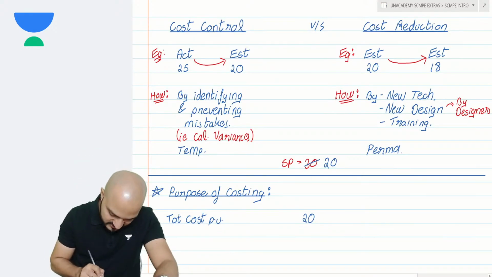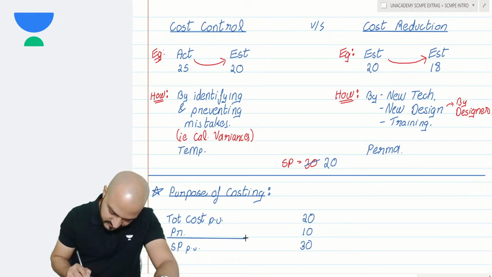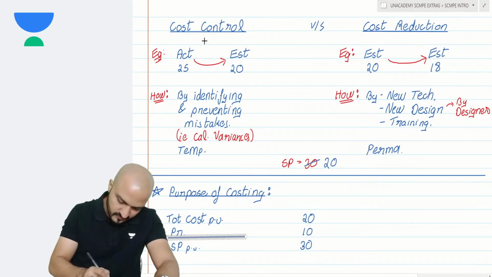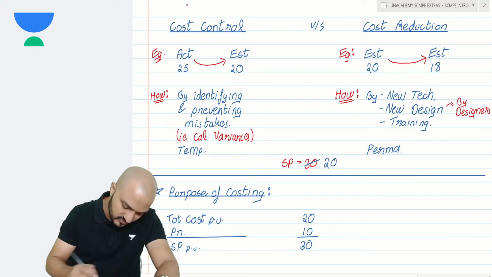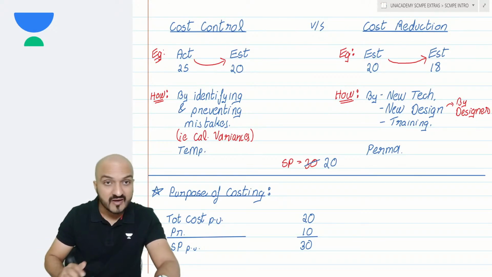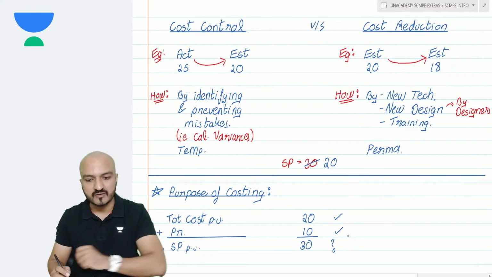Well, you estimated cost per unit so that you add a profit, say 10 per unit, and therefore set a selling price per unit, say 30. So the purpose of my costing subject is this: you identify cost, add profit so that you get a selling price.